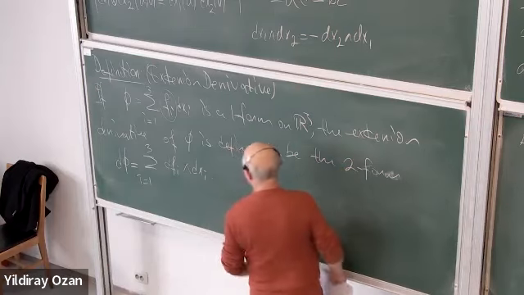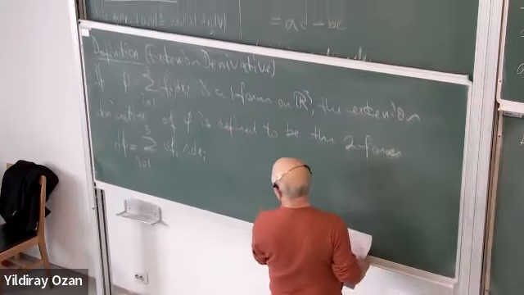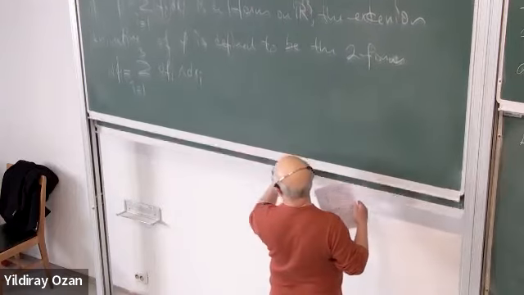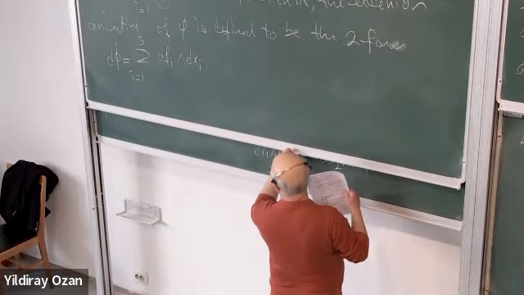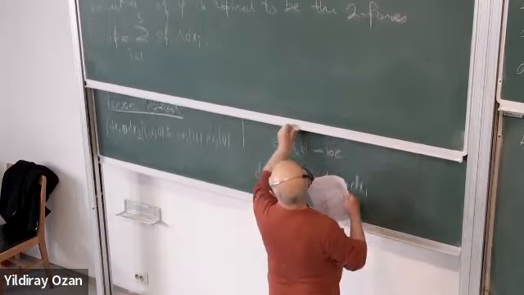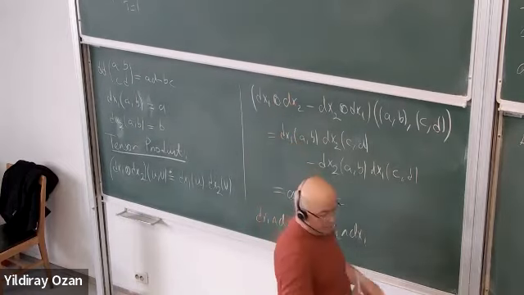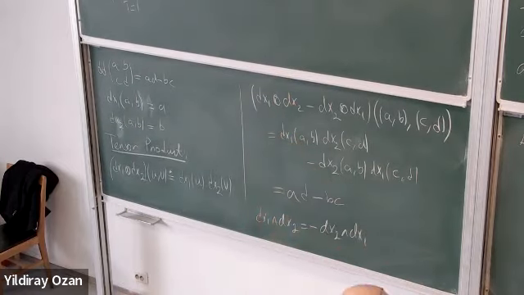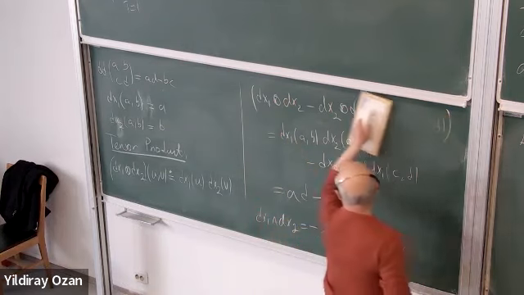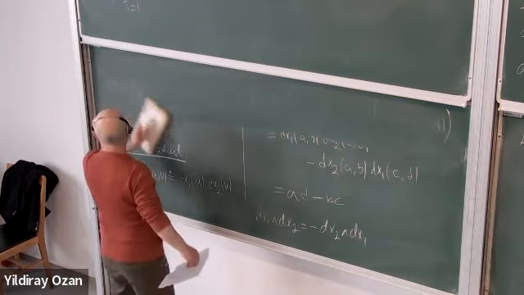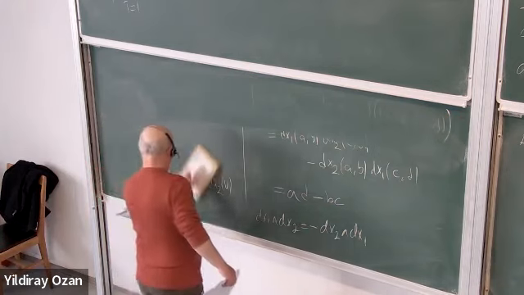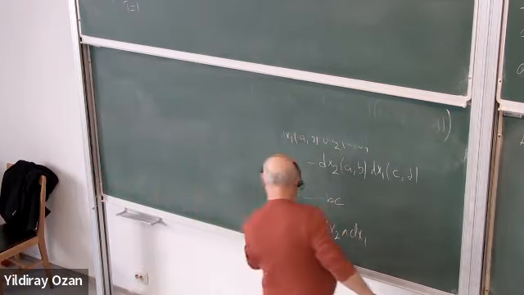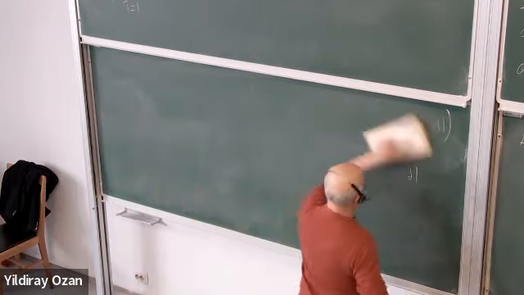Okay, let's do some examples. How one computes exterior derivative. Well, of course, you may ask what is the exterior derivative of a zero form.